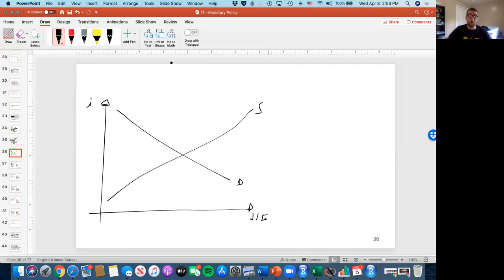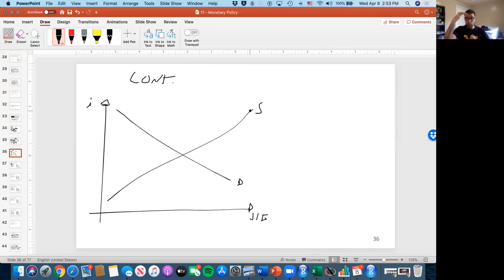If it's a contractionary policy, I'm not going to write the whole words because it's really hard to write with my mouse. So what is going to happen to the supply of money? Let's think about it. If the Fed says, I'm going to start selling T-bills or T-bonds, the same thing, US Treasury bonds, the bank is going to buy it.